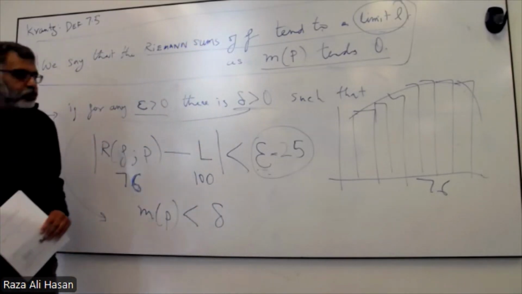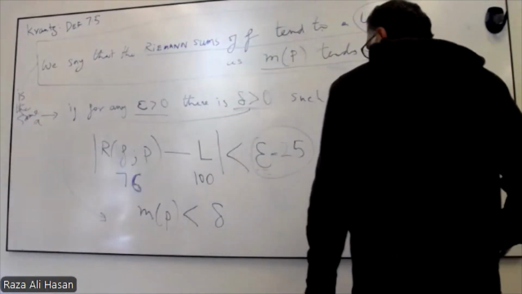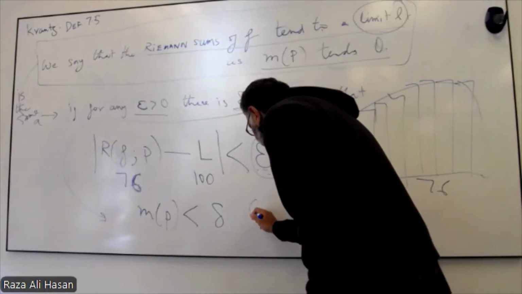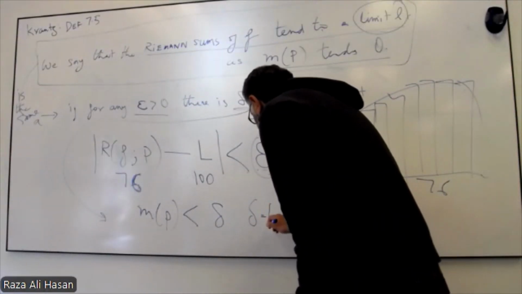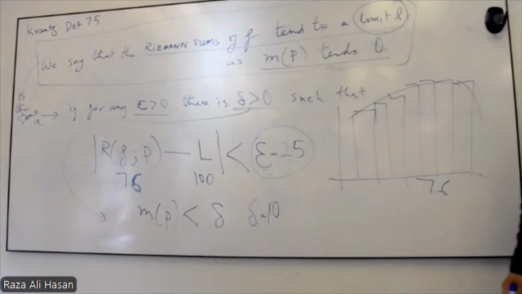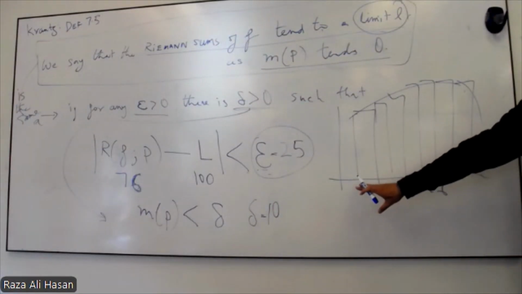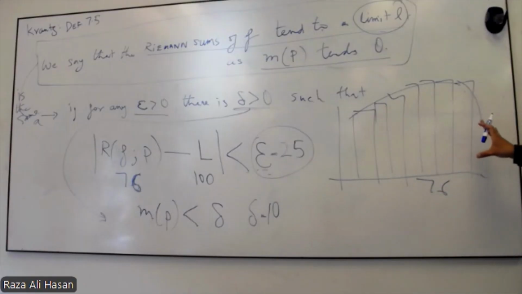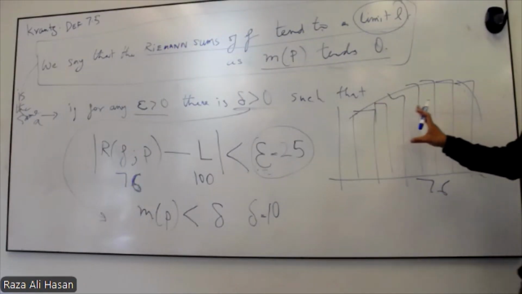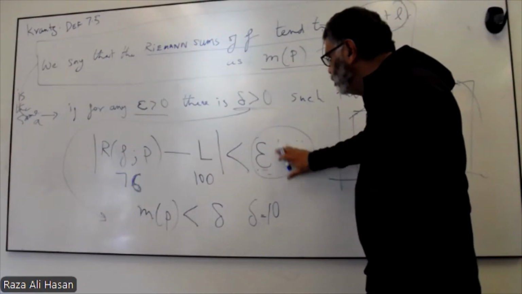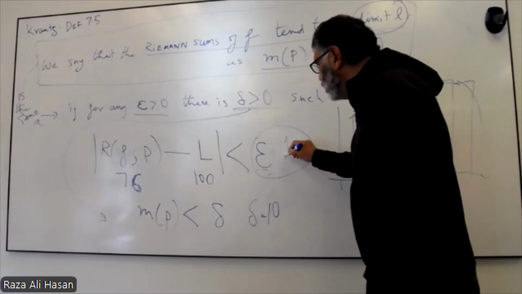So let's suppose to stick in 76, our delta had to be 10. If each one of these is 10 centimeters across, 76 will stick here. What if I change the given to 1?